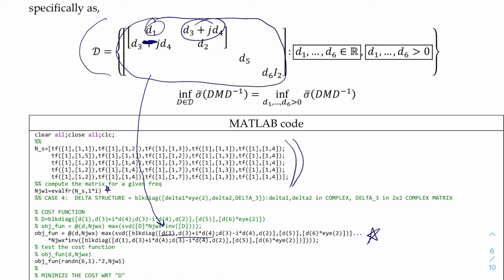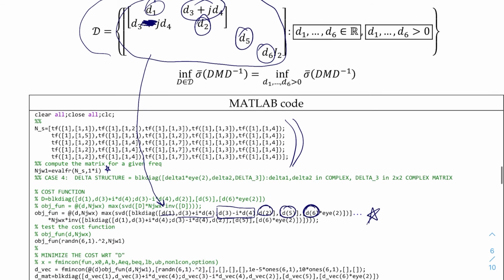Oh, that's wrong, it must be minus. Hopefully the code version is correct. And this is D2, D5 here, and D6. The code is correct, by the way. I checked it. The only thing that you need to change is to make it plus minus.